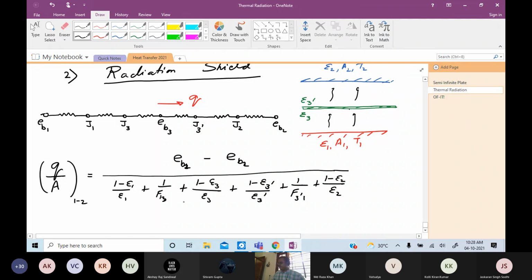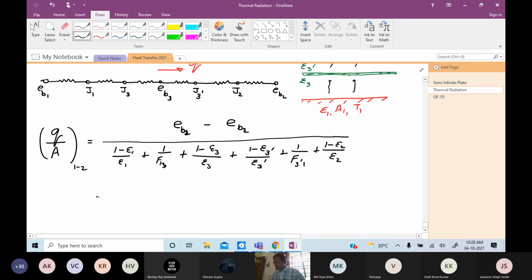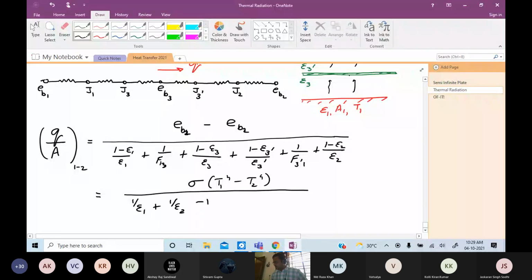All these shape factors are all 1. And so what you finally get is sigma (T1 to the power 4 minus T2 to the power 4) divided by 1 over epsilon 1 plus 1 over epsilon 2 minus 1, plus 1 over epsilon 3 plus 1 over epsilon 3 prime minus 1.